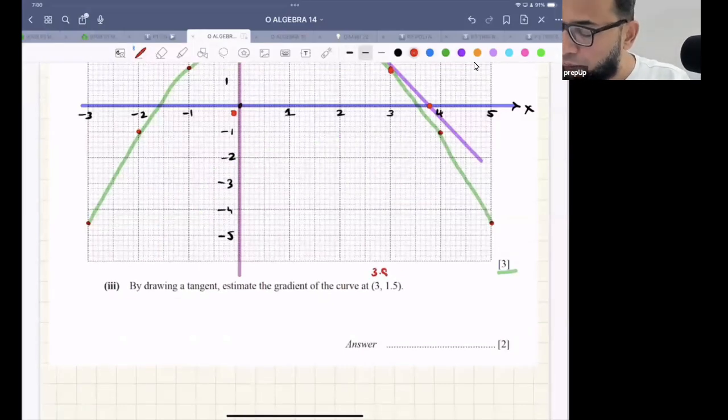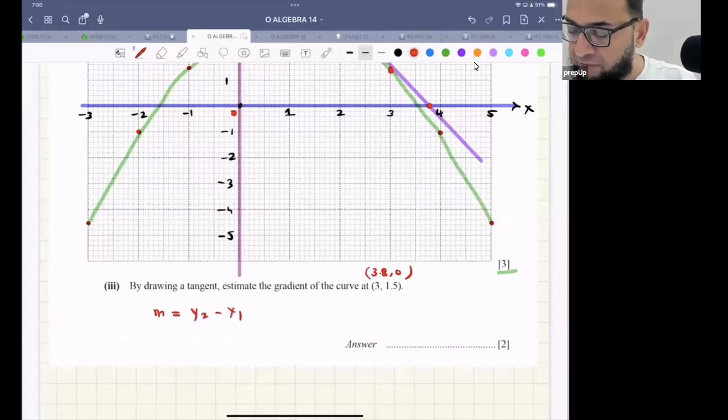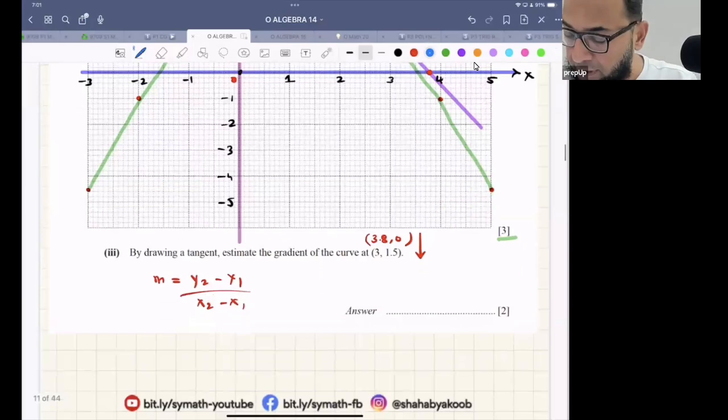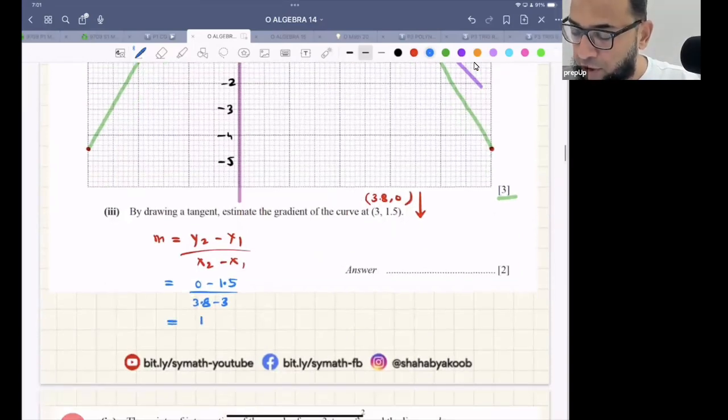Gradient, change in y over change in x, y2 minus y1 over x2 minus x1. Draw a line so that you know this is the direction in which you are subtracting. So this is 0 minus 1.5 divided by 3.8 minus 3. This is 1.5 divided by 0.8.